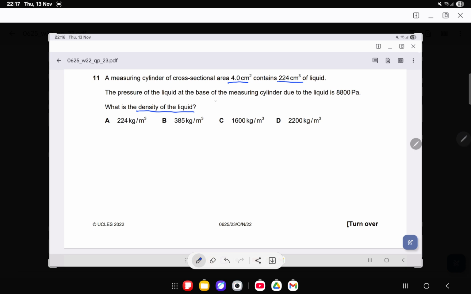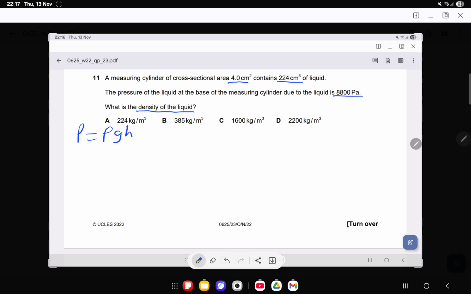The pressure of the liquid at the base of the measuring cylinder due to the liquid is 8,800 pascals. And now we are being tasked to find the density of the liquid. So we start by noting the formula for pressure in liquid, which is pressure in liquid is equal to the density of the liquid times gravity times the depth, which is height.